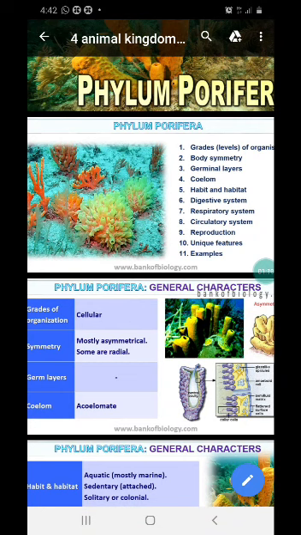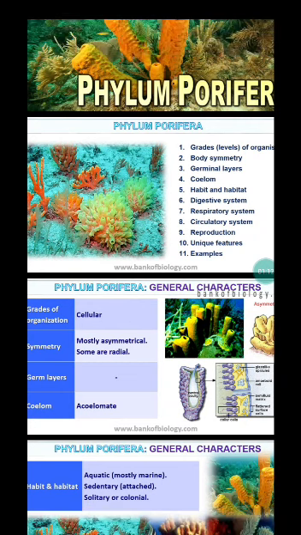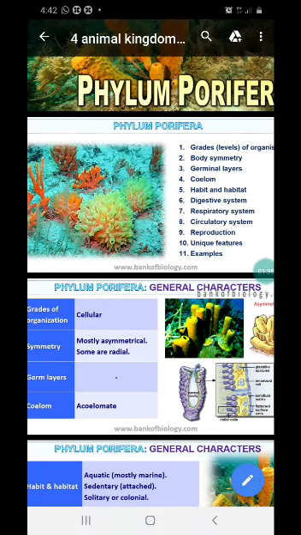Clear? And they are acoelomate. What do you mean by acoelomate? They don't have a body cavity. Okay, right? They are mostly present only in sea water or ocean bodies, just under the surface of the oceans and seas. You can find these poriferans, right?